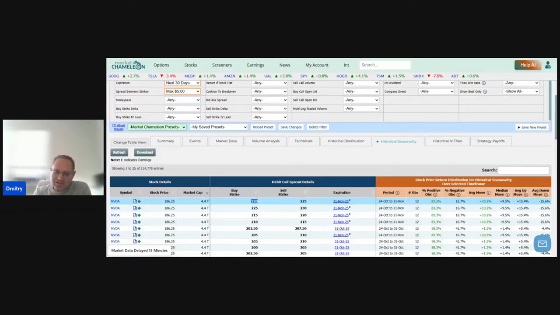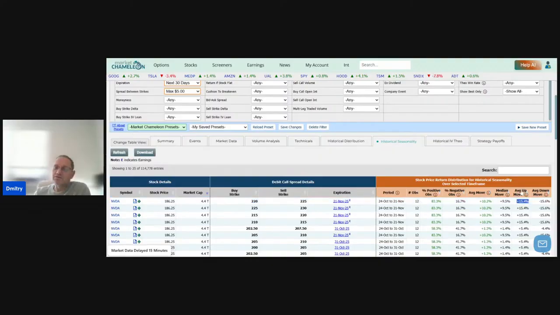What if we just split up the moves, the up moves and down moves? This is the average of all the moves up and down. But what if we said we think it's going to be more likely up, and when it's up, how does it go up on average? Removing all the down moves, just looking at up moves, that was 15.4%.